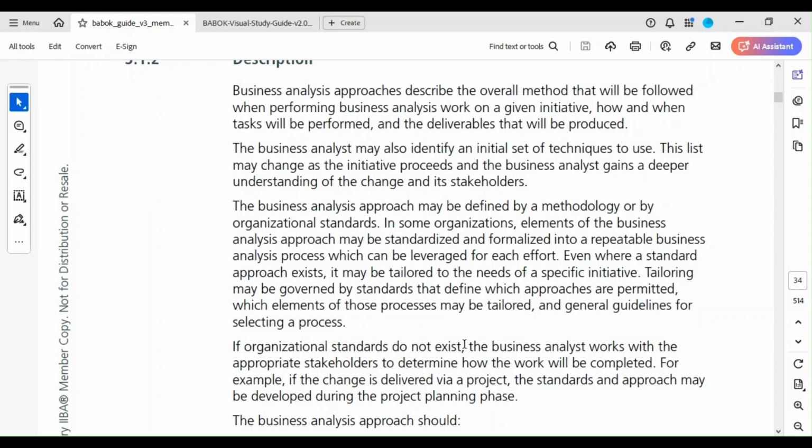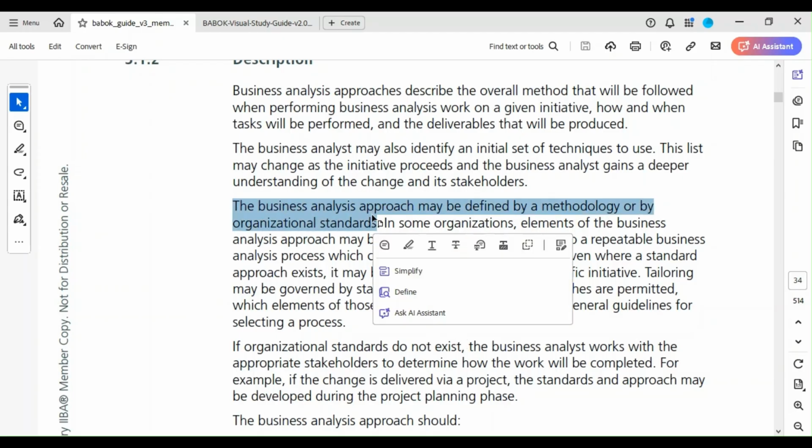The business analysis approach may be defined by a methodology or by organizational standards. This is very important. Please note that your approach could be defined by a methodology that you've picked up, or by looking at the requirement or the need. For example, in project management, we ask what defines whether you're going agile or waterfall. If you're going agile, it could be because we need this as fast as possible.